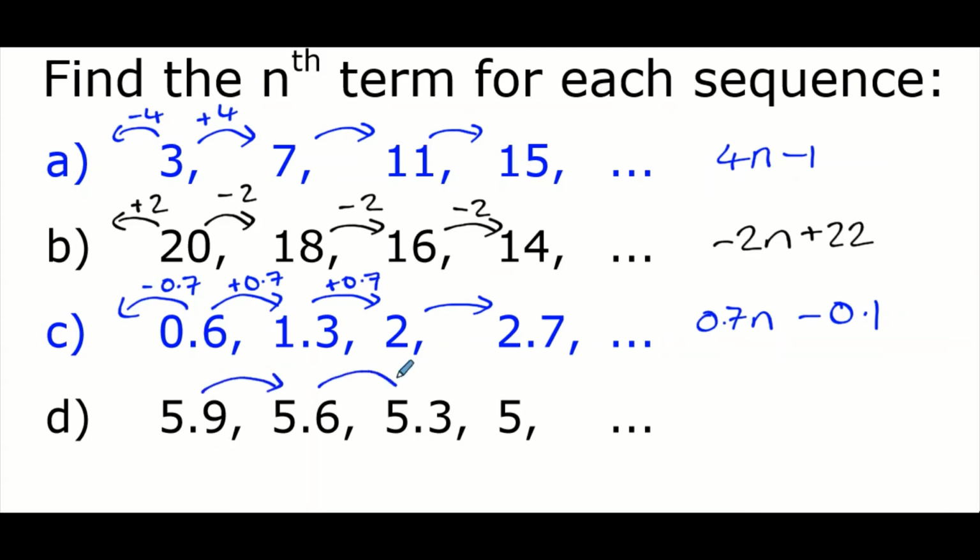And finally, for this one here, in each case we are subtracting 0.3, so that will be minus 0.3n. And then if we do the opposite to go back, we would have 5.9 plus 0.3 would be 6.2, so that would be minus 0.3n plus 6.2.